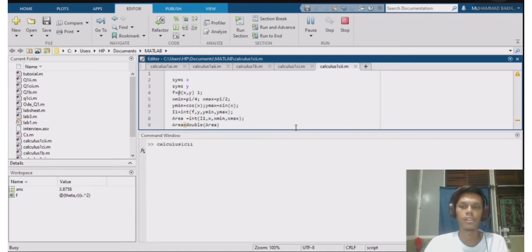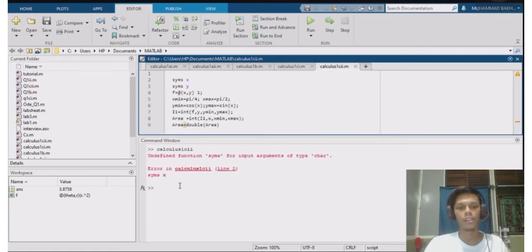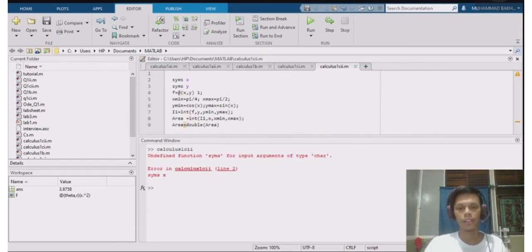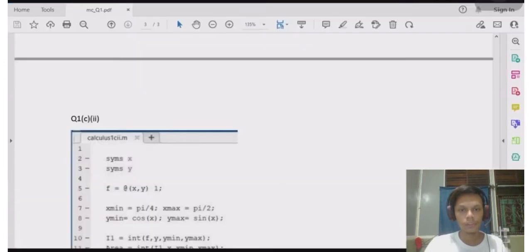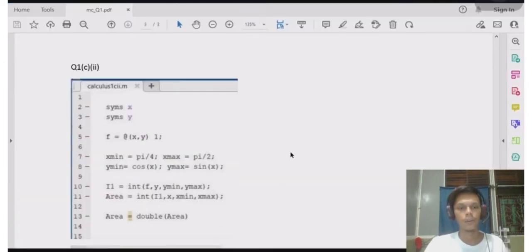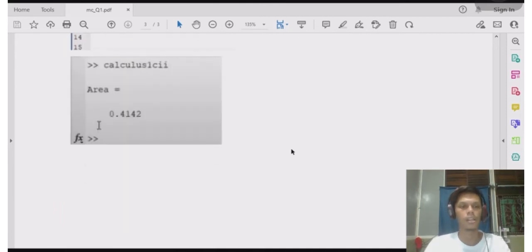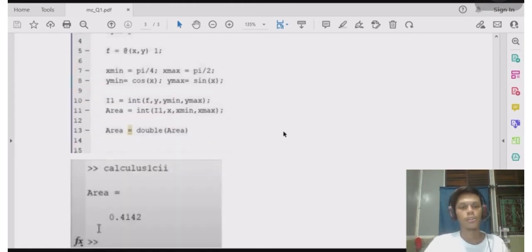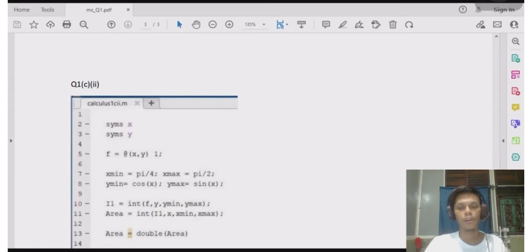So this is the coding that I use, and then I solved it using my PC, and here is the answer from my PC. The answer for the area is 0.4142 unit per square. So that's all from me for question number 1.